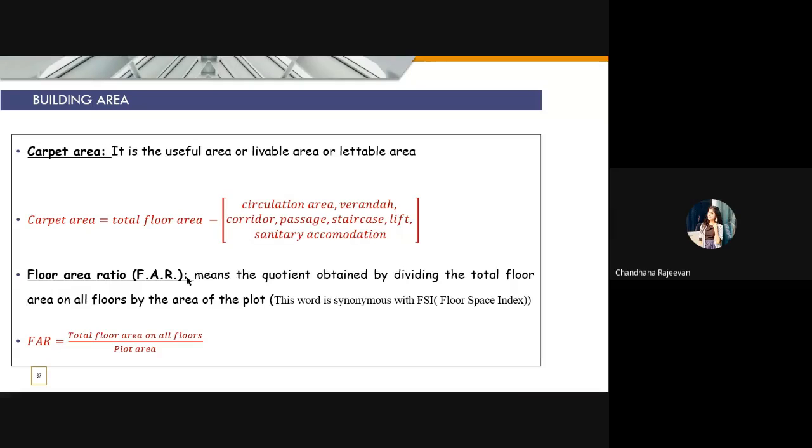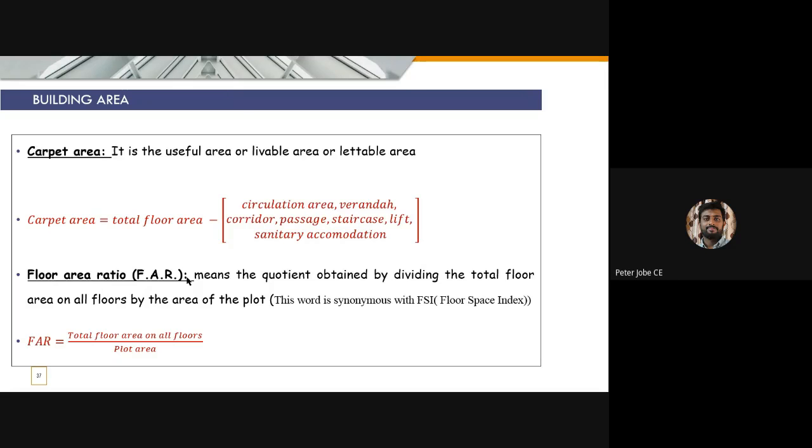Yes, sir. Okay. And next we'll talk about the floor area ratio. We have discussed it already, still we will see it once again. Floor area ratio means the quotient obtained by dividing the total floor area on all floors by the area of the plot. Here we will divide the total floor area of all the floors of a building.